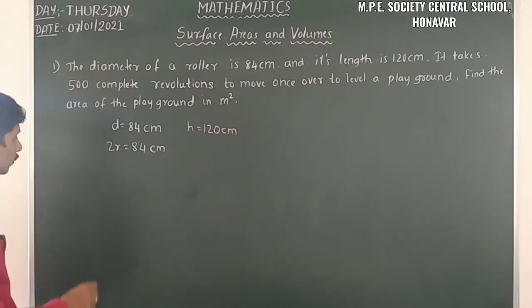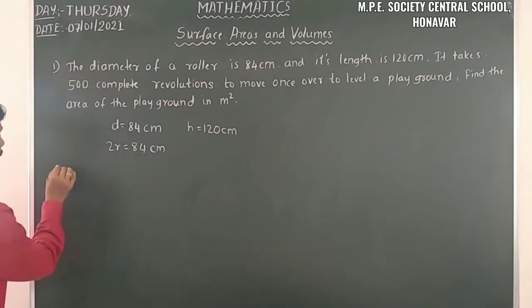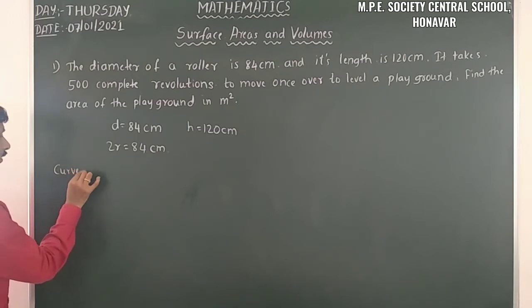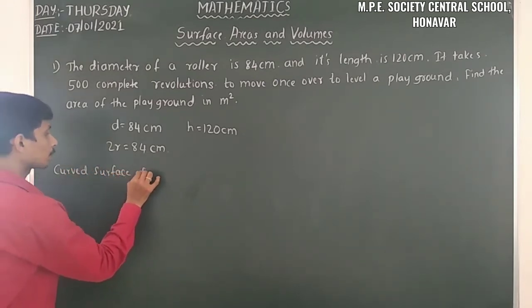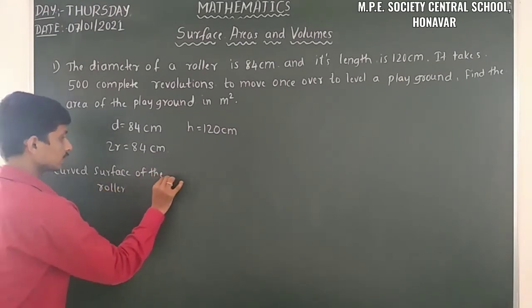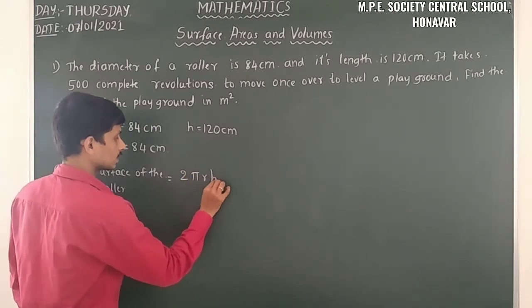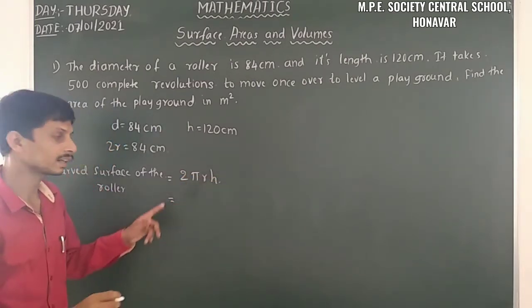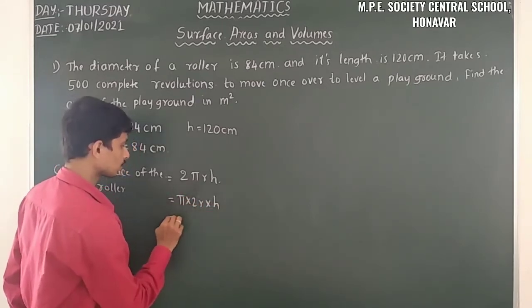Yes. Then what is the curved surface area of the cylinder? The curved surface area of the roller is equal to 2 pi r h. So I will write it as pi into 2r into h. What is the value of pi?